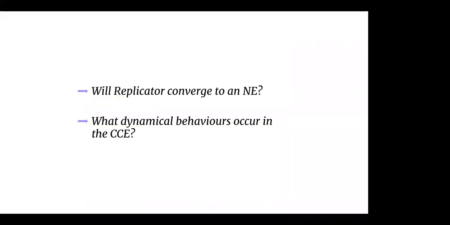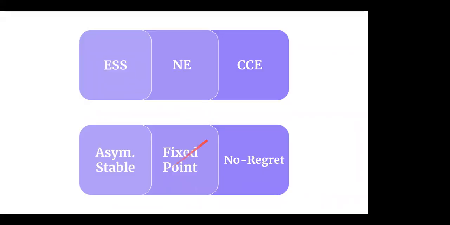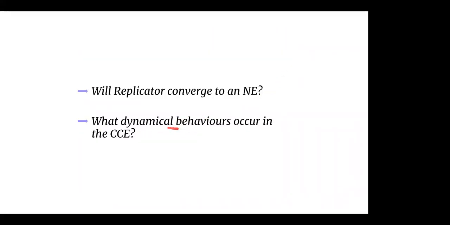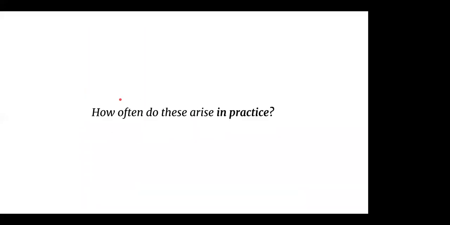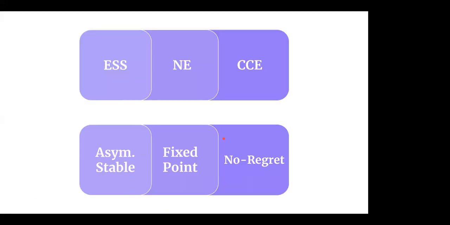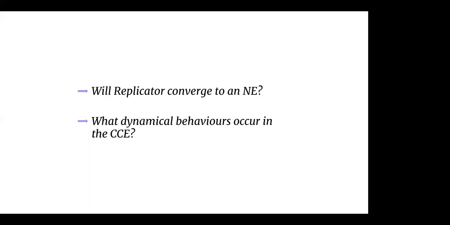Okay, so that gives us the natural questions that we can now actually ask. We know that we're going to converge to a CCE, so what kind of behaviors do we expect in that? And more specifically, we know that Nash equilibria correspond to fixed points of the replicator dynamic. So our original question of how often do Nash equilibria arise in practice now becomes a question of how often does replicator arrive at a fixed point, which is the Nash equilibrium, right? So this just becomes a dynamical systems problem.